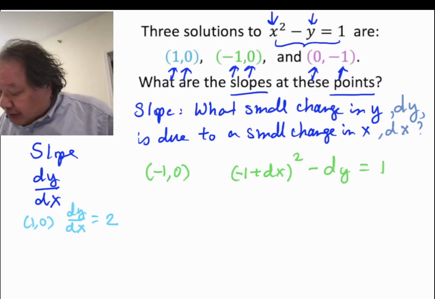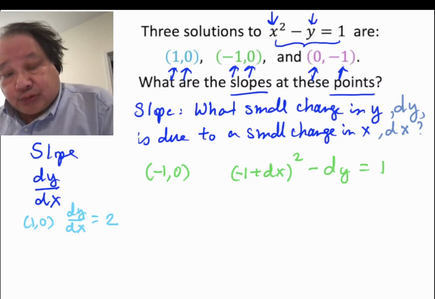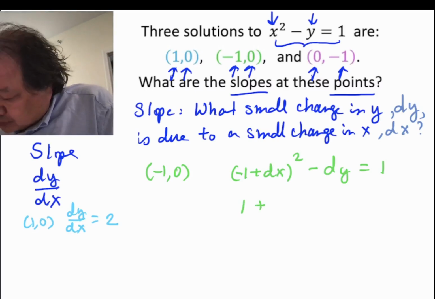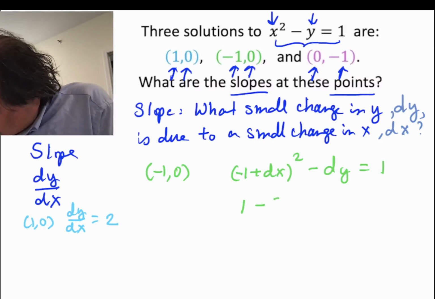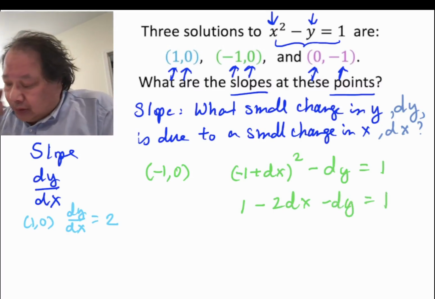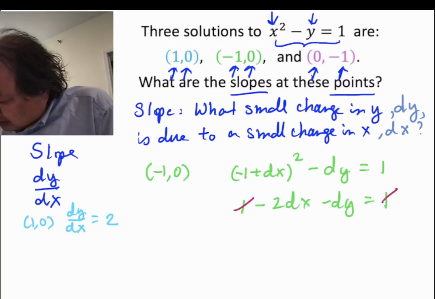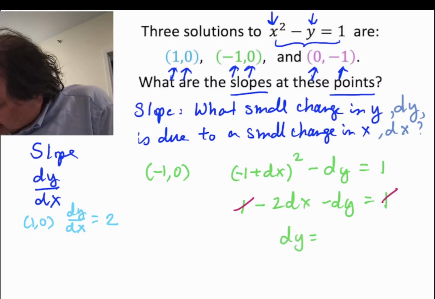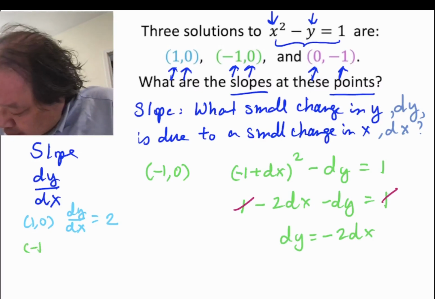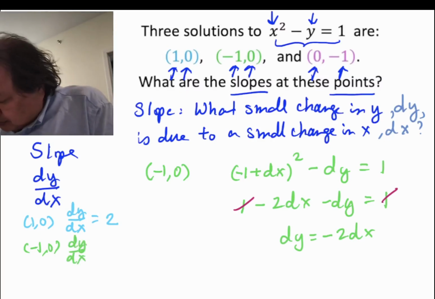If we now expand the term on the left, only keeping the dx term, because the dx squared term will be too small, we'll get 1 minus 2 dx minus dy equals 1. We can cancel the 1's on both sides, and then we see that dy is equal to minus 2 dx. And so we see at the point minus 1, 0, that dy/dx is minus 2.